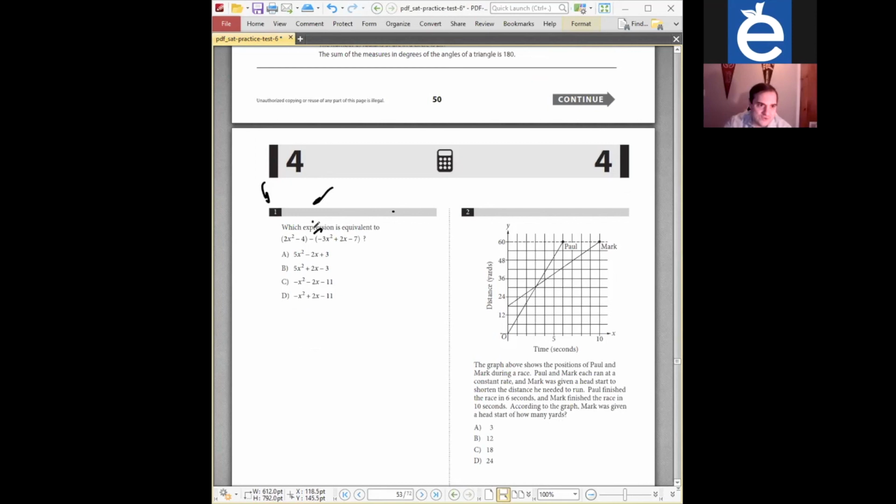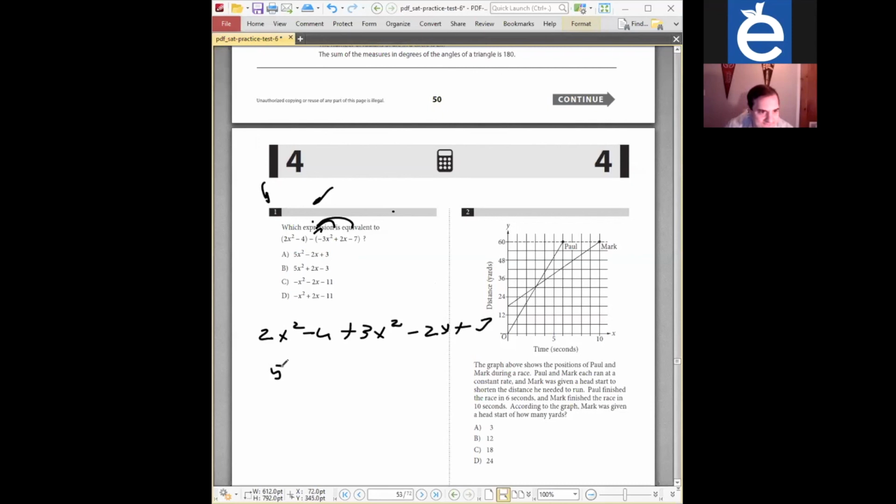Well then you need to flip every sign inside the brackets. So this becomes 2x squared minus 4, right? Then minus negative 3x squared, so that's plus 3x squared, minus 2x plus 7. You need to flip all the signs.